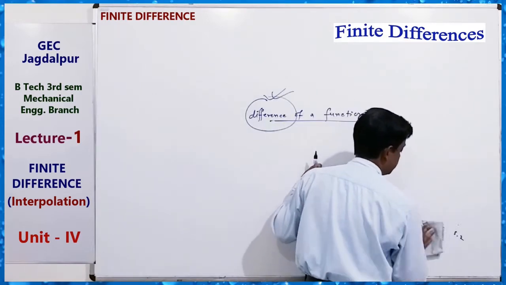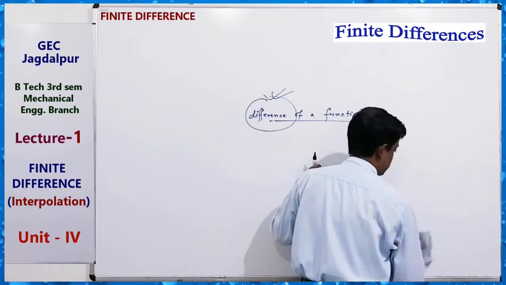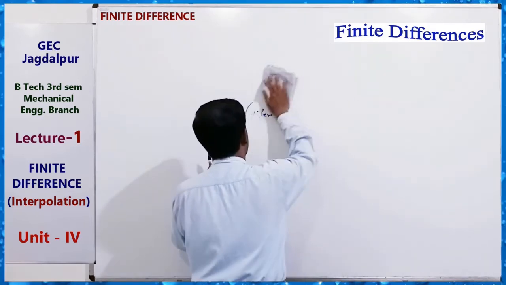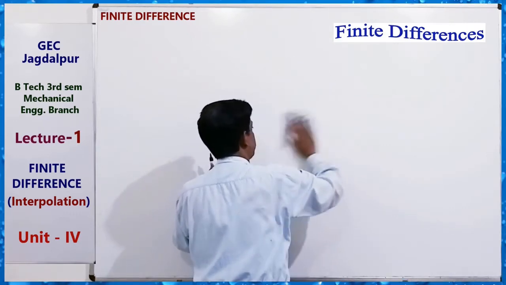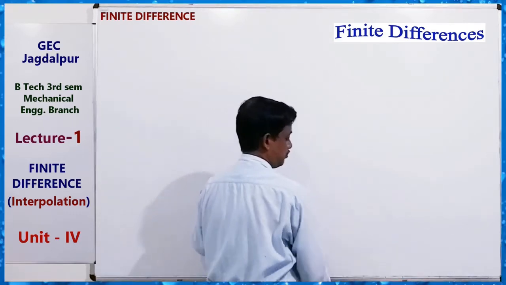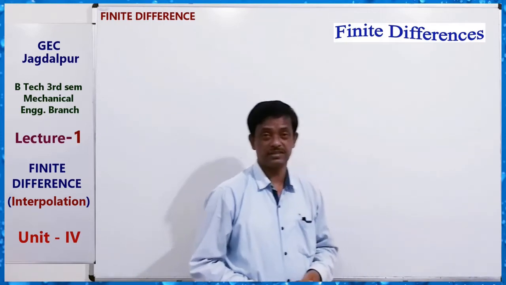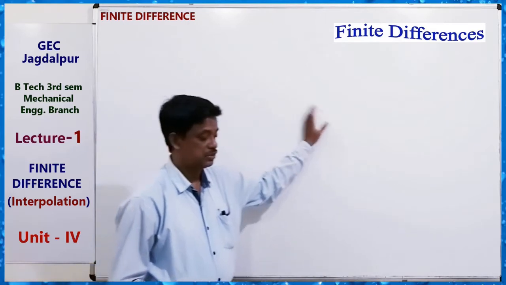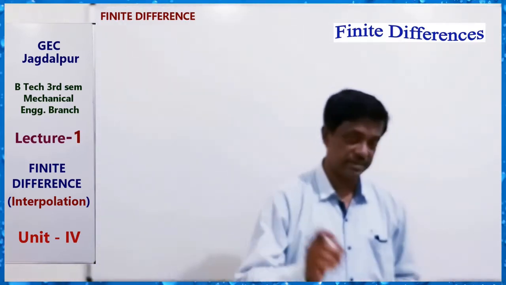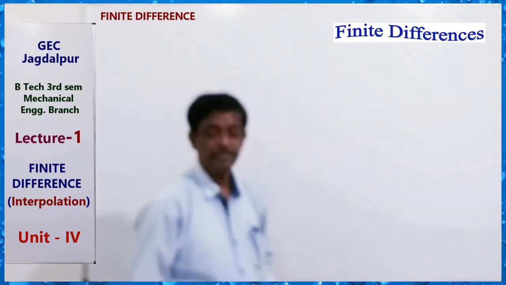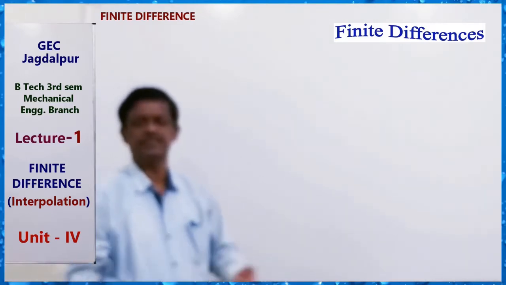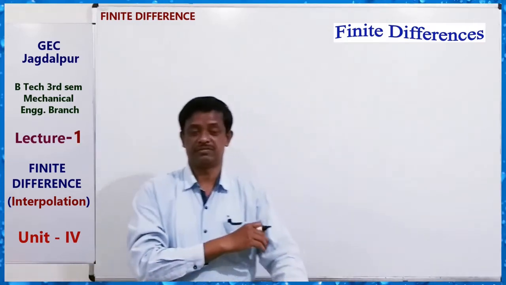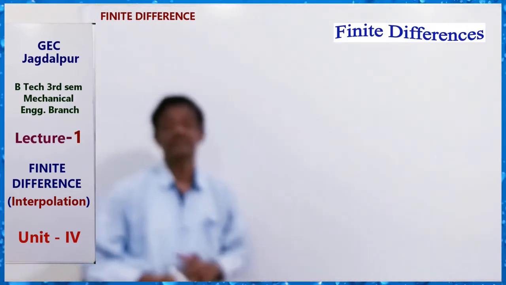How can we find the difference of a function, the different orders of differences of a function, by using a table? We will discuss it now. So, finite difference. Just like derivatives in differential calculus, here we use the difference of a function for finding values of functions.